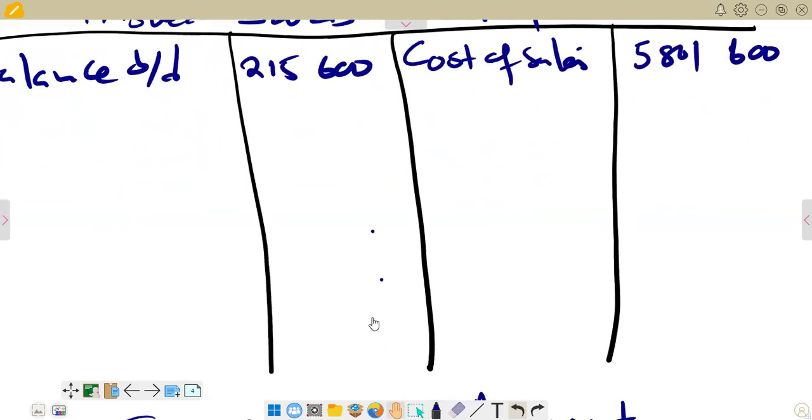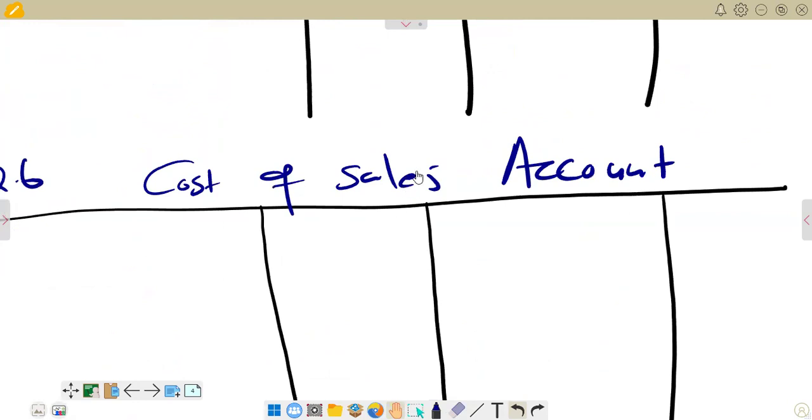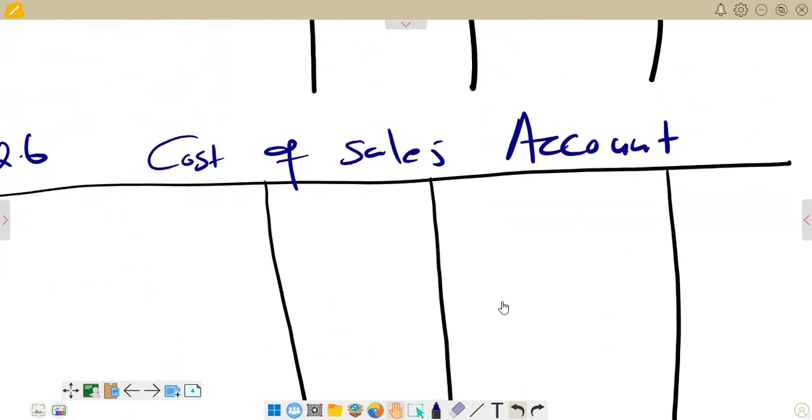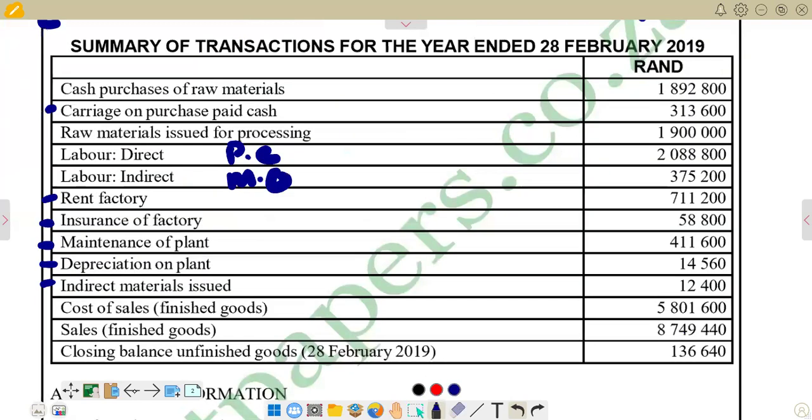We look for the cost of sales account, which we have, and on the description we now say finished goods, which is the same amount, 5,801,600. So this is the double entry. Then we can see the next transaction given in the question. What is important is for you to complete the double entry. If the account concerned is not in the question, you just ignore the part of that account.